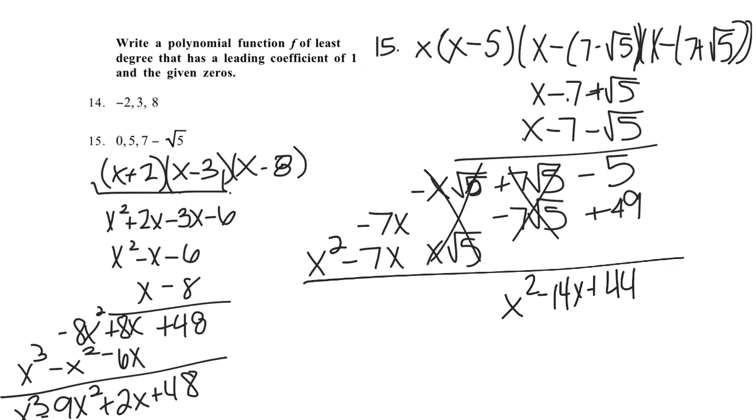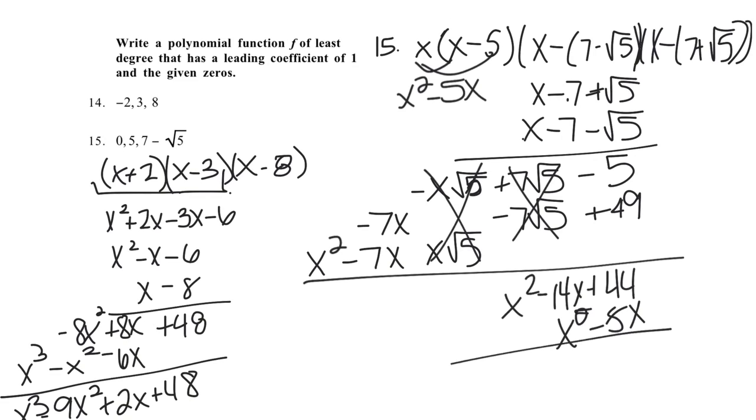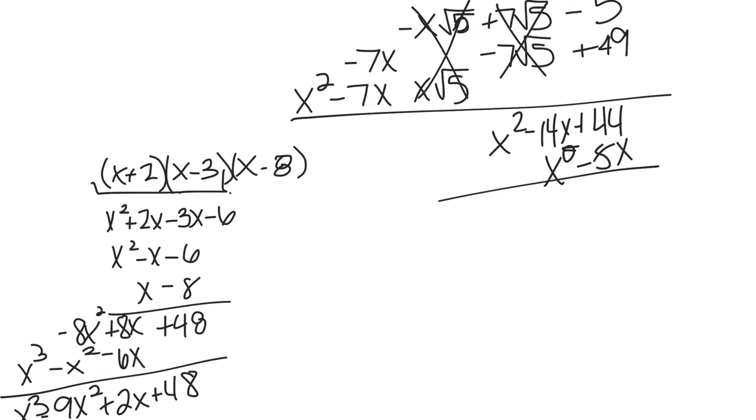Now I can multiply this together to get x squared minus 5x, and then I'll multiply my final answer by x squared minus 5x here. We'll move this up to get some space. I have negative 220x. I have positive 70x and negative 5x cubed.